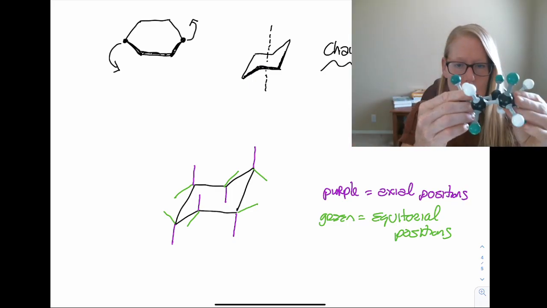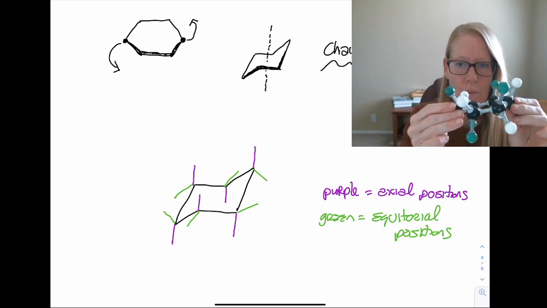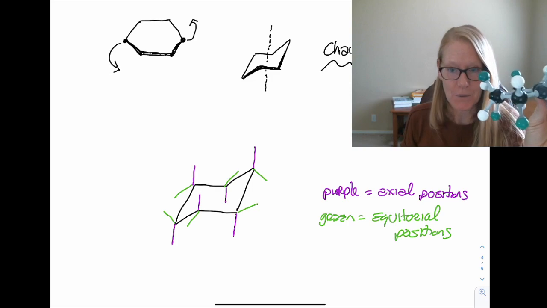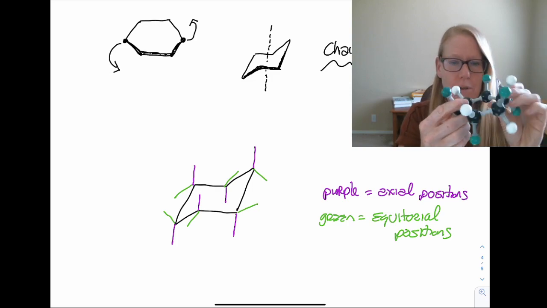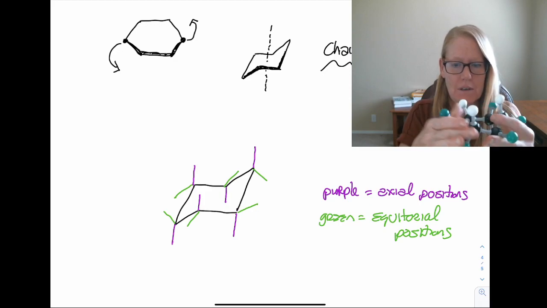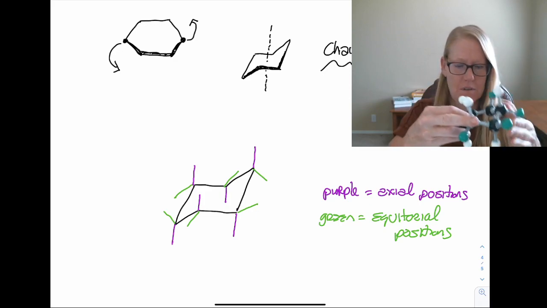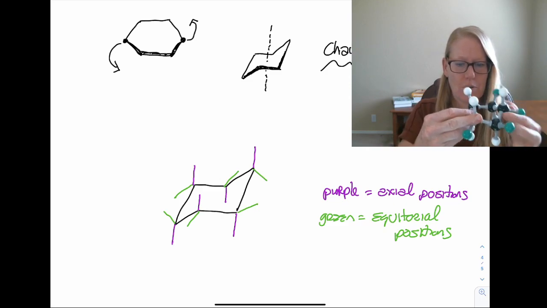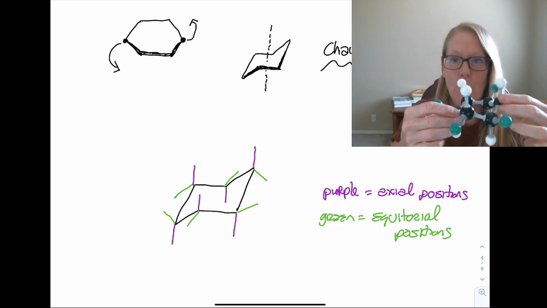Okay guys, so I just have it planar right now. I have all the carbons on here, we're gonna make it into our chair, and then we'll look at the axial and equatorial positions. So I'm gonna have this carbon going up, and then I'm going to have this carbon going down. So I don't have purple atoms, so we have green atoms and white atoms.